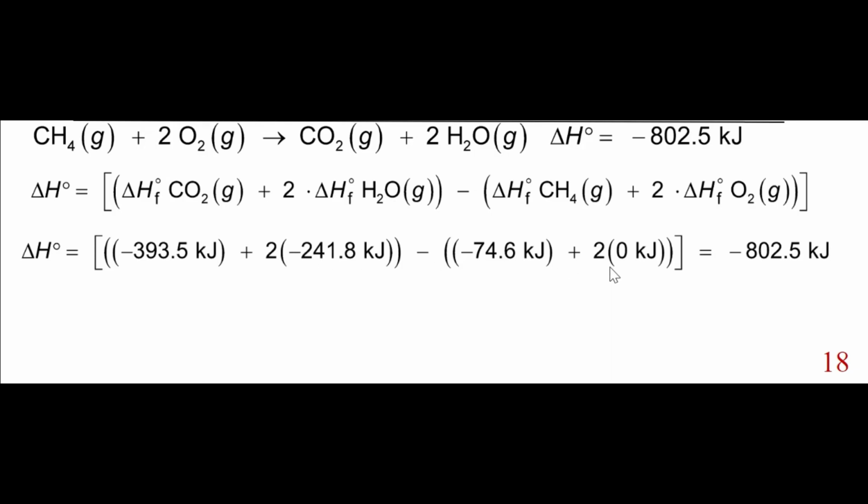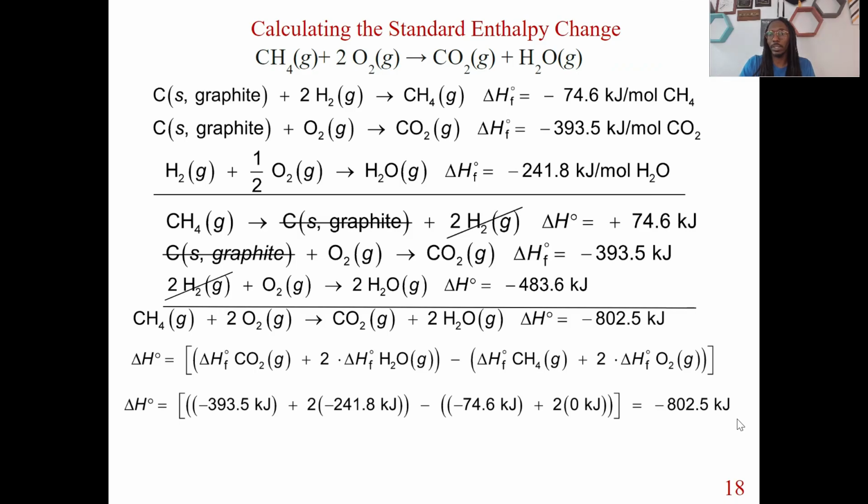What I see here, once I multiply this by 2 times negative 241.8, minus our negative 74.6 plus 0, that's going to give me my answer of negative 802.5 kilojoules. The exact same answer we got before using Hess's law.